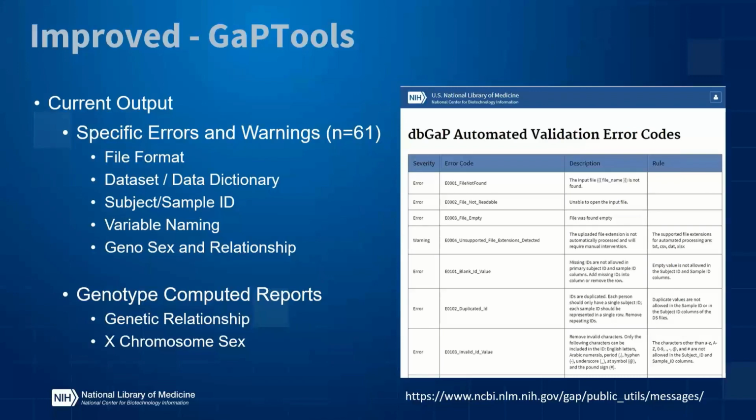And then we have two reports that are reported out through the pipeline when appropriate: the genetic relationship and the X chromosome sex determination as computed by the tool.